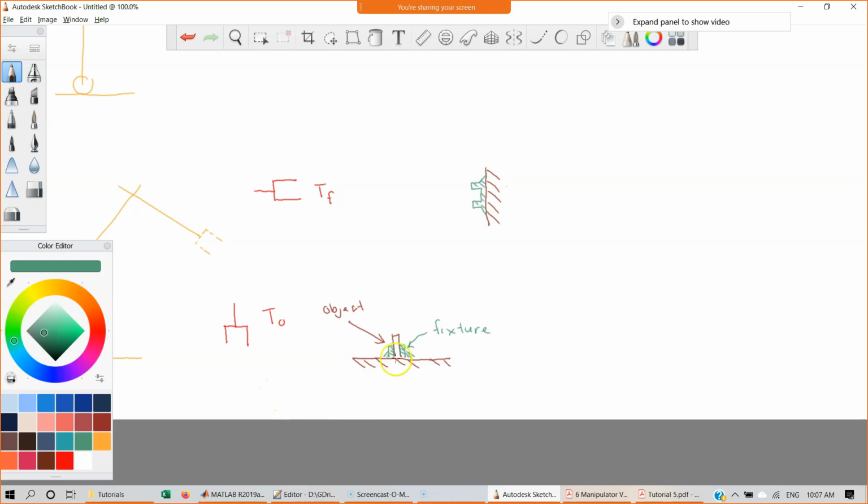So I want to pick an object here and place it here. And because I want to do that, I need to have my robot arm start from this pose and end up in this pose.